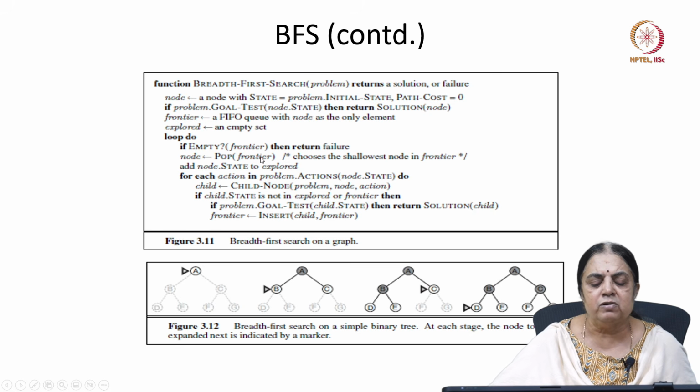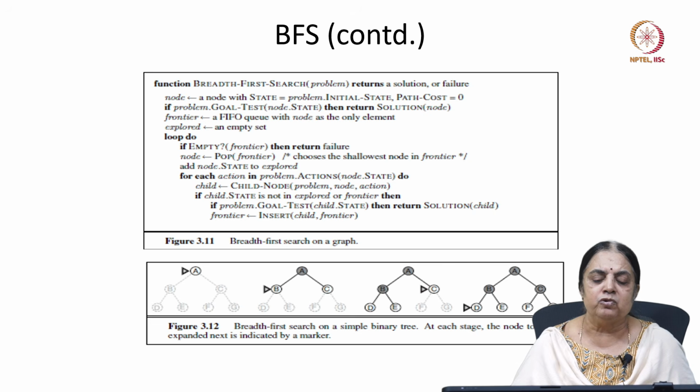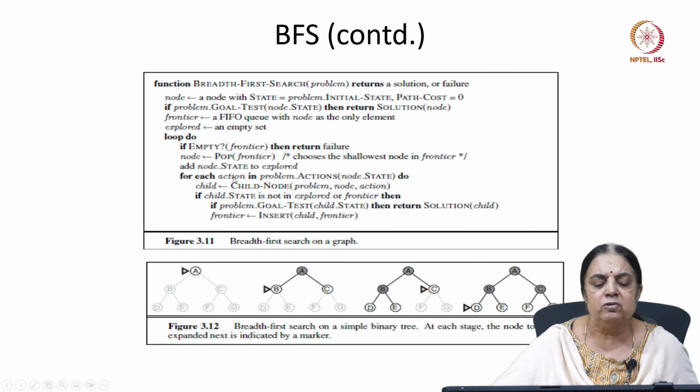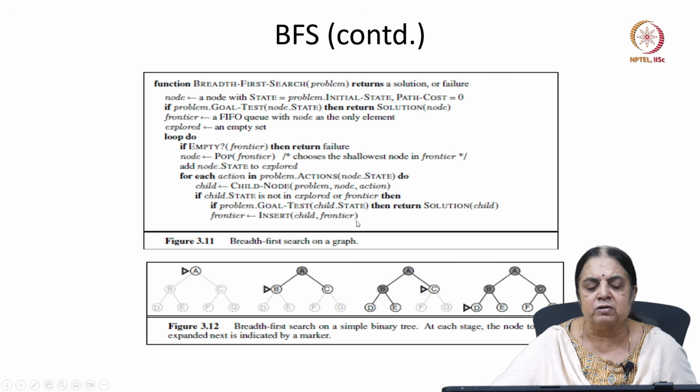The frontier already has the nodes like a queue: the oldest node will be first and then the next node, etc. You take that node and remove it from the frontier, and then you add that node to the explored set. Then you find the actions and the child nodes. If a child is not already in the explored set or frontier, you do the goal test, and if the goal test is satisfied, you return the solution; otherwise you insert it in the frontier. This is how the breadth first search proceeds.